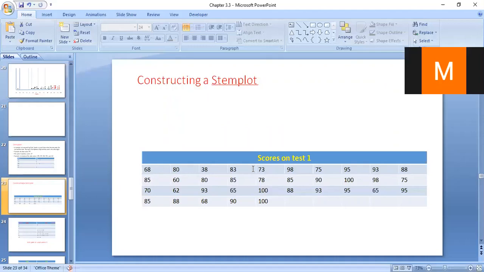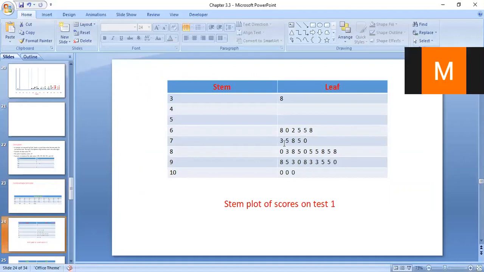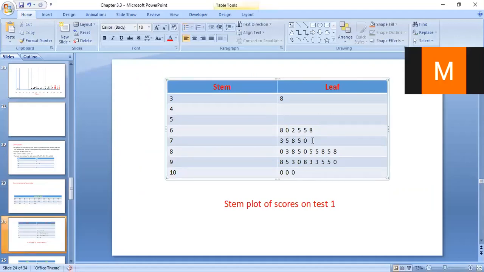And number 7, you look here: 73, 75, 78, 75, 70, and you plot in this one. And now number 8.